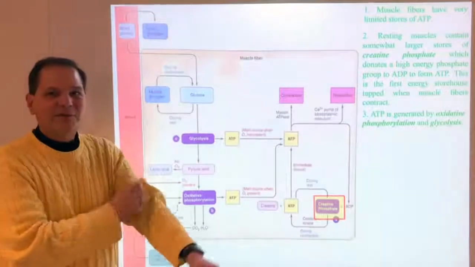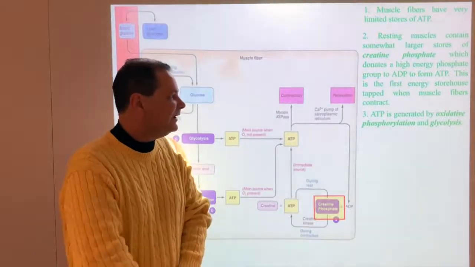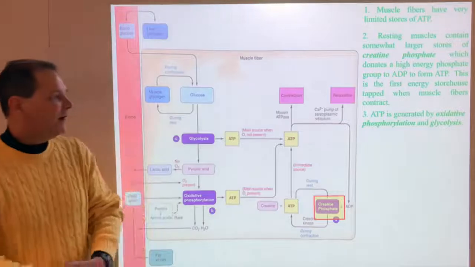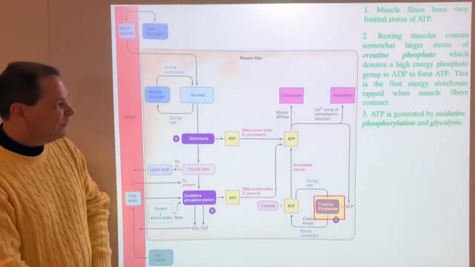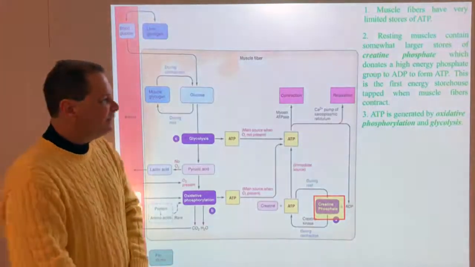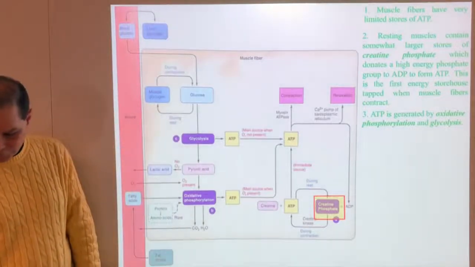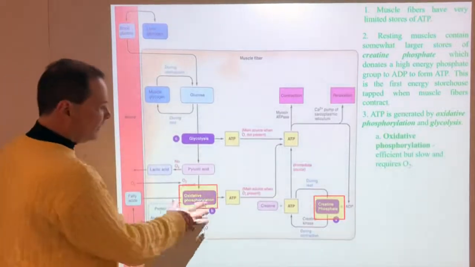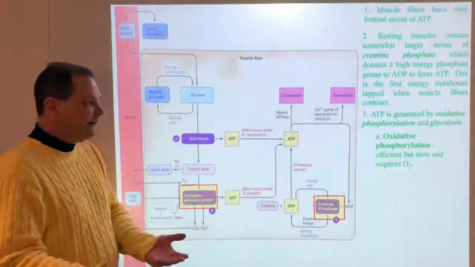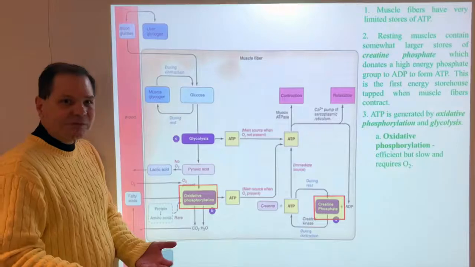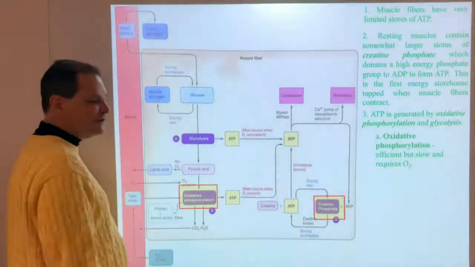Of course, that depletes fairly quickly as well, and so your muscle does have to be able to produce energy, ATP, through metabolism of glucose and other metabolic substances, and it does that through oxidative phosphorylation and glycolysis. So oxidative phosphorylation you have here, very efficient, in that it generates a lot of ATP per glucose molecule, per molecule of food energy.